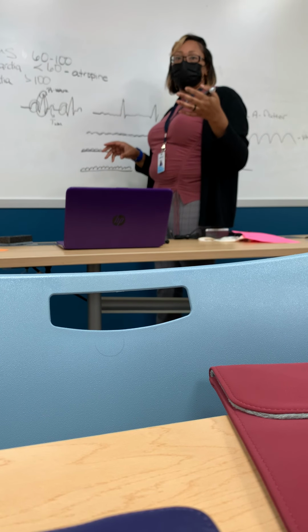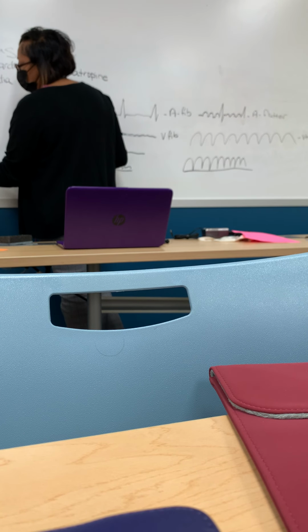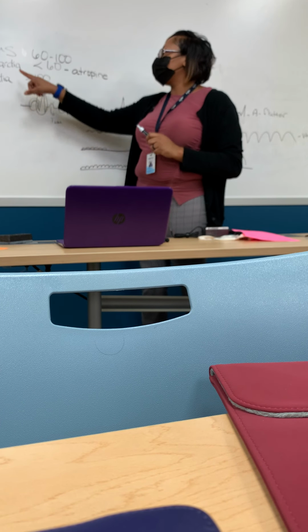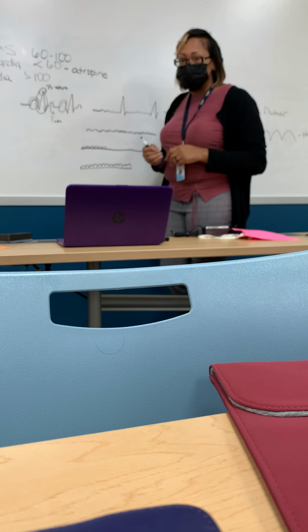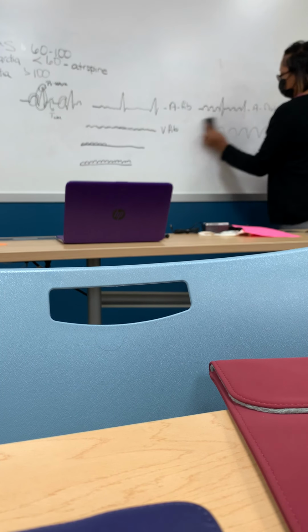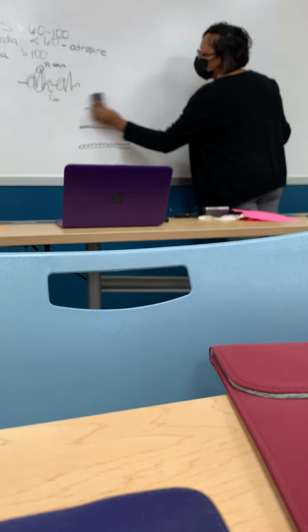It'll be greater than 150 most of the time. We're going to give them some adenosine. So to get the SVT rate down, give them adenosine. If they have bradycardia and they're symptomatic, we give them atropine. You'll look at that rhythm more when you get your EKG class. I just want you to know these basics.